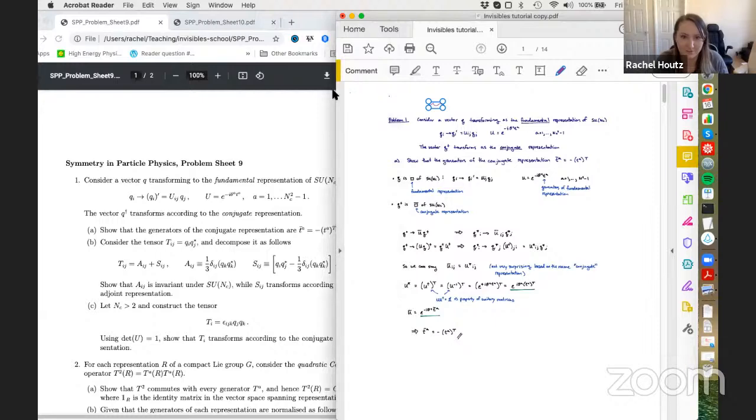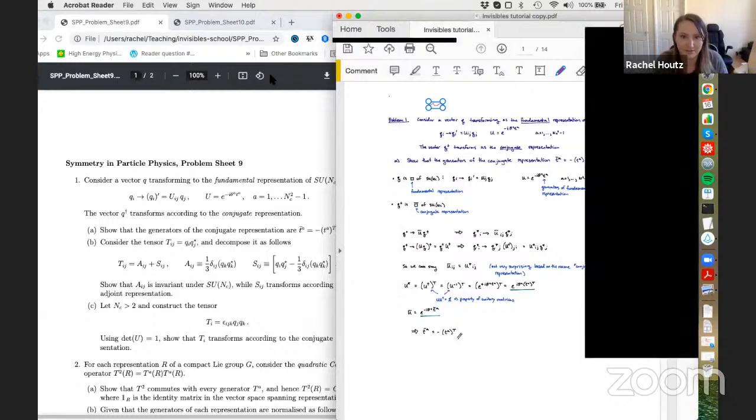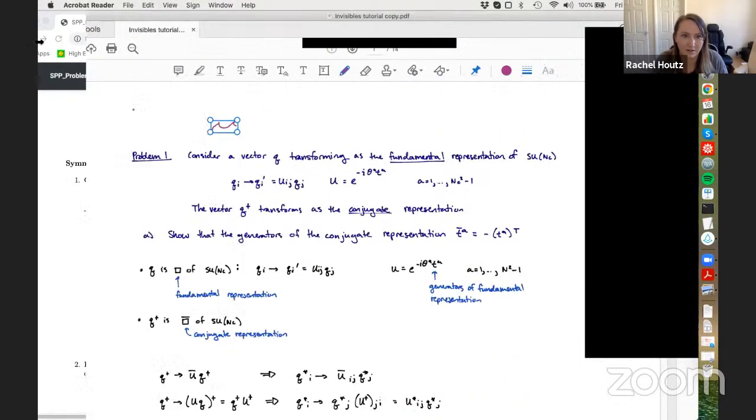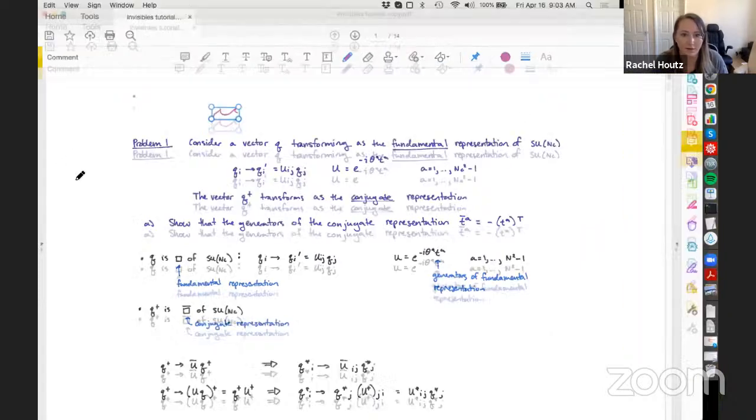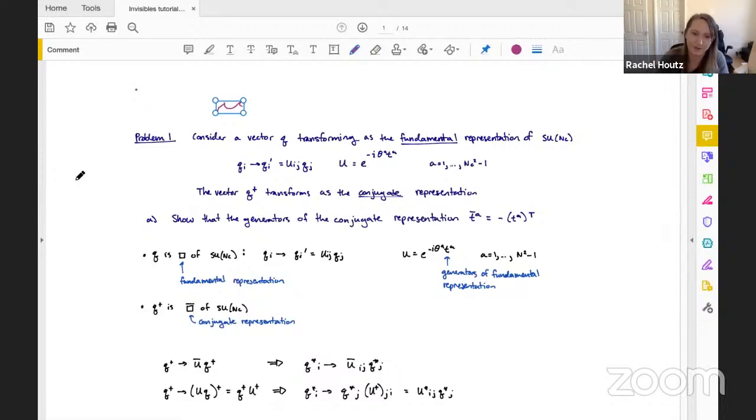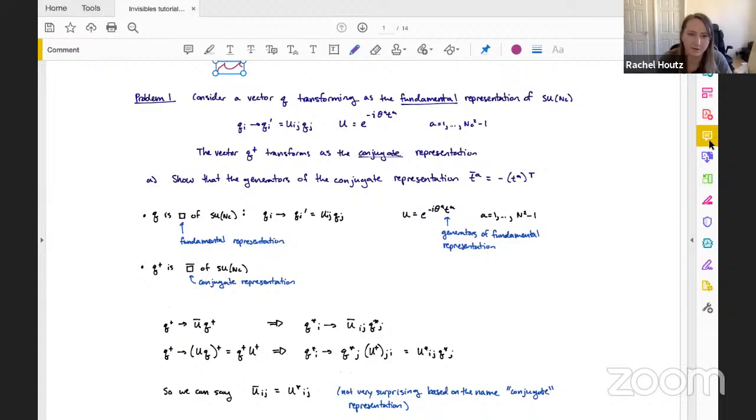So now I'm going to switch to this window, and you can see I've written the question again, so you can still see what the question's asking while I go through the answer.